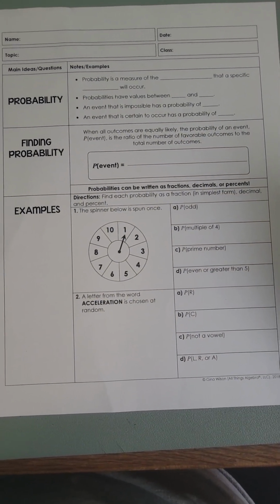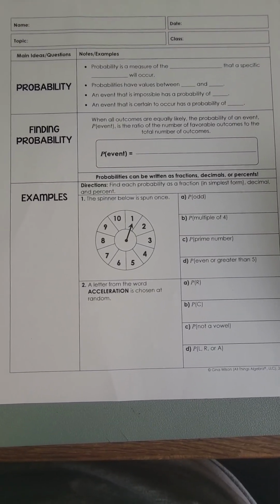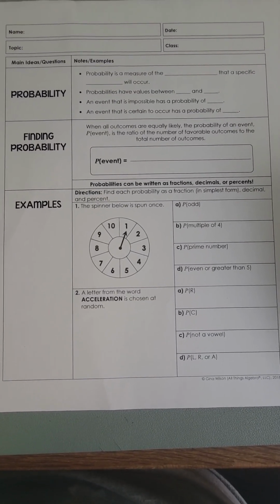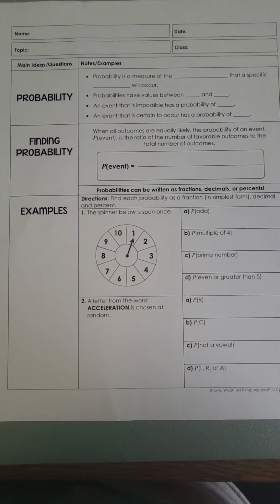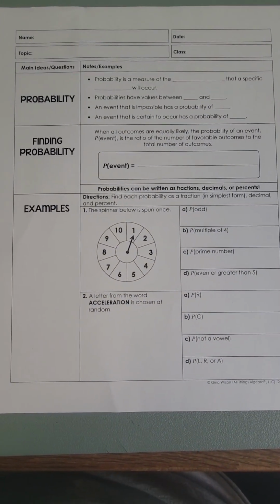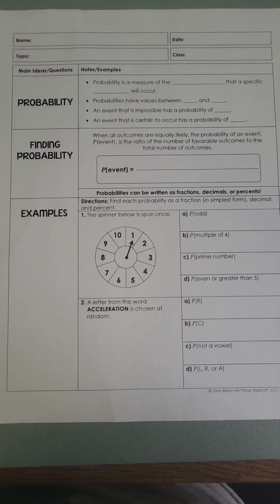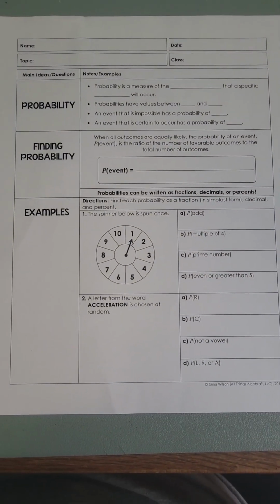Good afternoon, seventh graders. Even though I'm not here today, we're going to move on with our statistics and probability content. I know this is not going to be easy and this is probably not going to be the best video, but we're going to try our best.